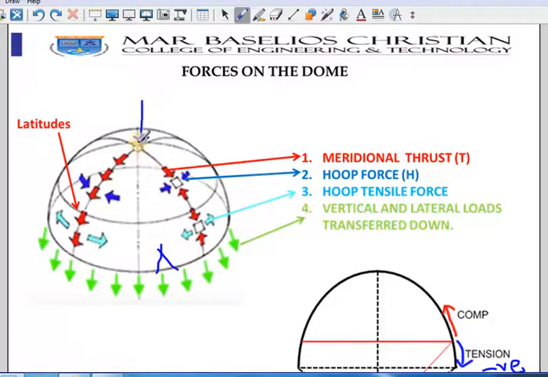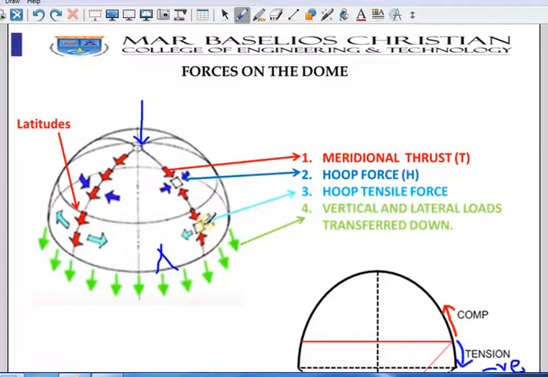So the main thing is that in domes, the meridional thrust is normally compression in nature. Most of the cases it's a compression, and the hoop force H is compression here, and when it comes to the bottom it is in tension.